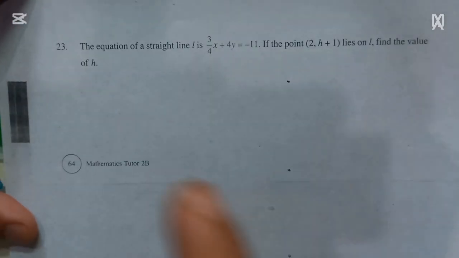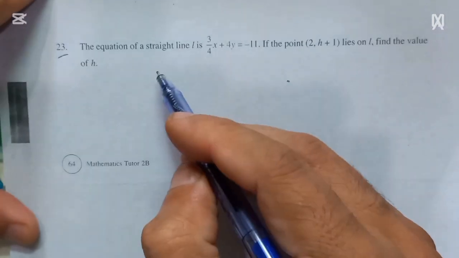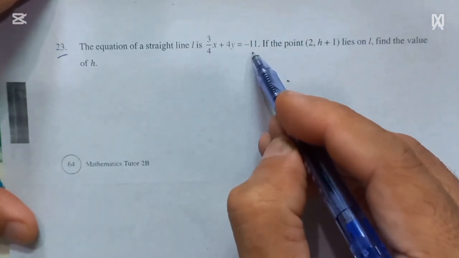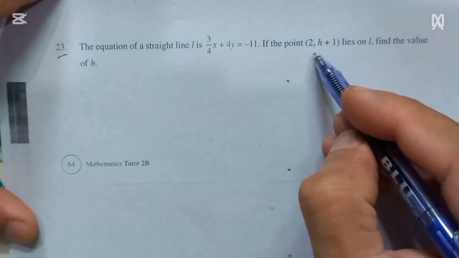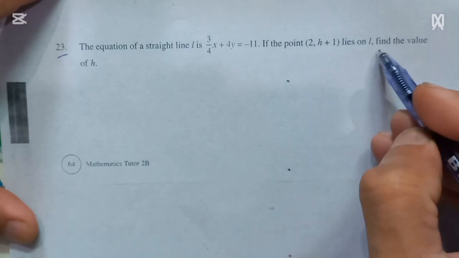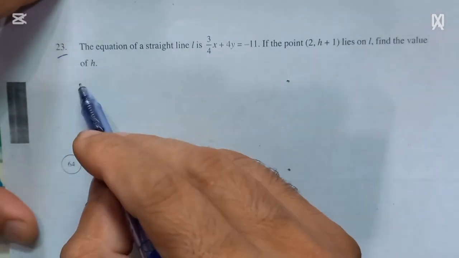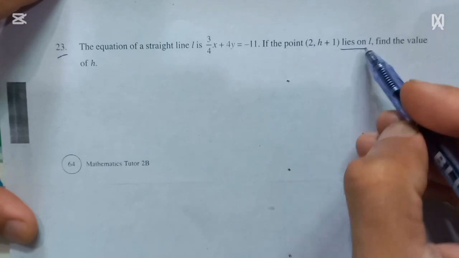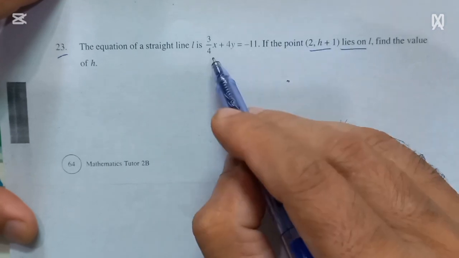The statement of question number 23 is: the equation of the straight line L is 3 by 4x plus 4y is equal to minus 11. If the point 2, h plus 1 lies on the line, find the value of h. So the point is on the line, so definitely this point will satisfy this equation.